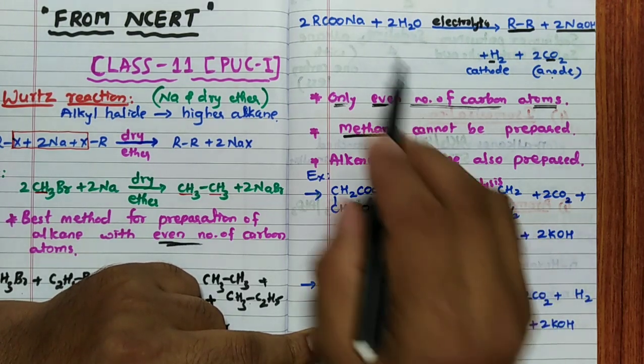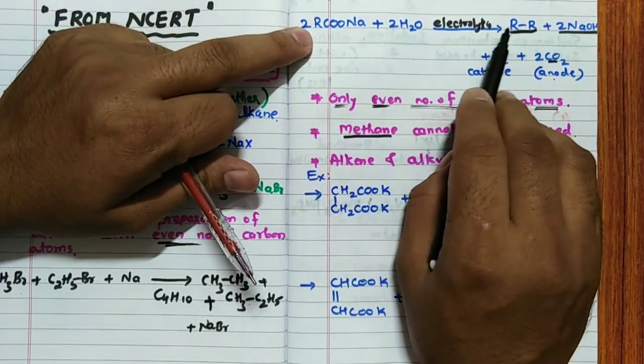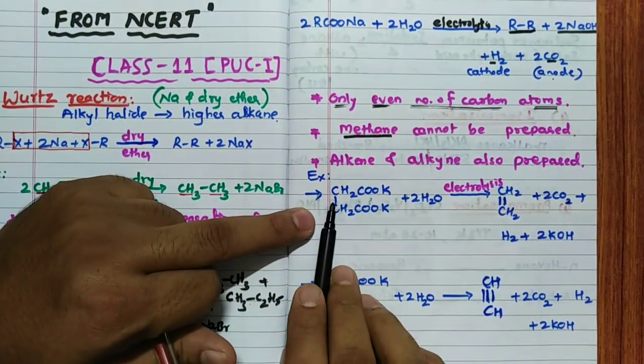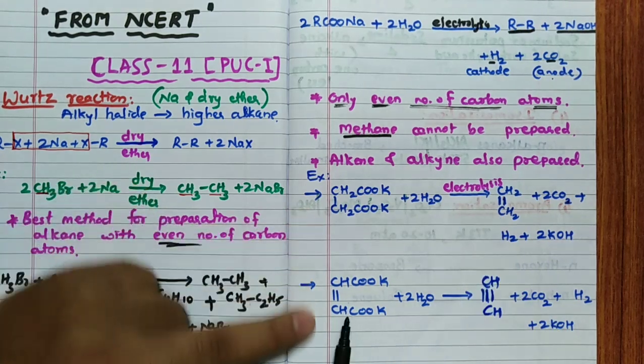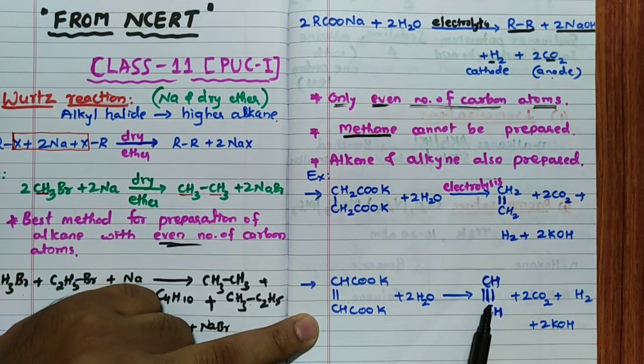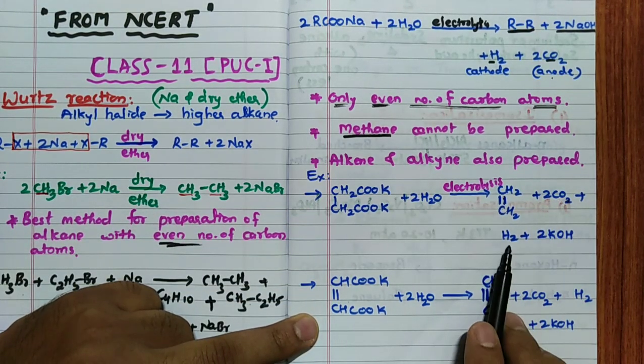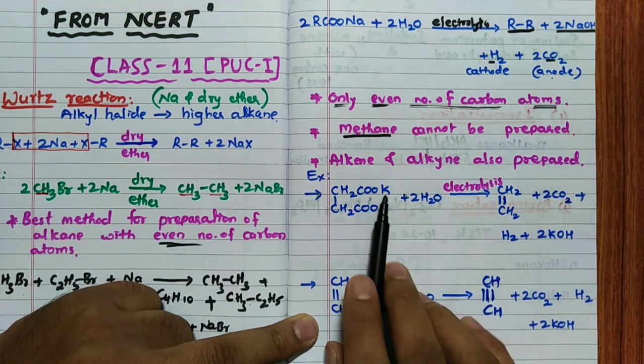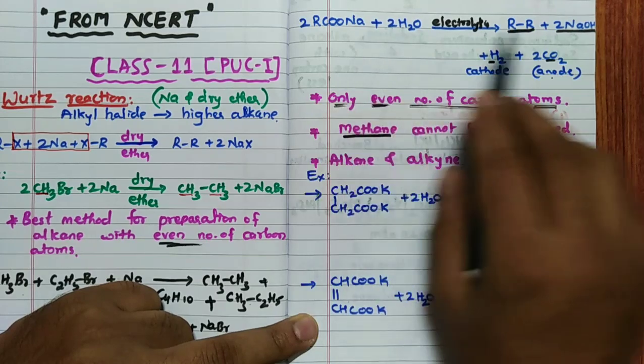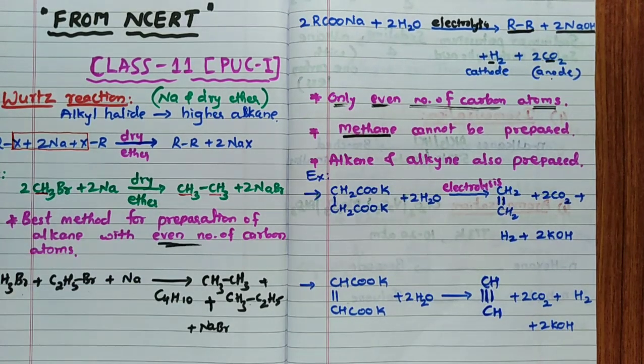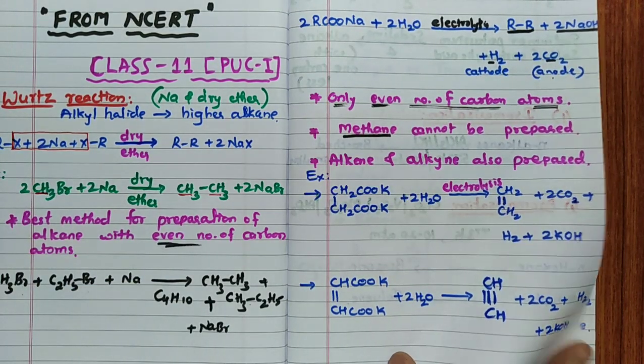Very simple. Here there is no bond, it will form one bond. Here already one bond, it will form two bonds. Here already two bonds, it will form three bonds. Remember that. Once again CO2 and H2 at anode and cathode. Potassium I have taken, so KOH; sodium I have taken, so NaOH. This is Kolbe's electrolytic method.